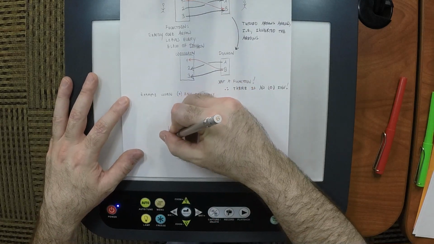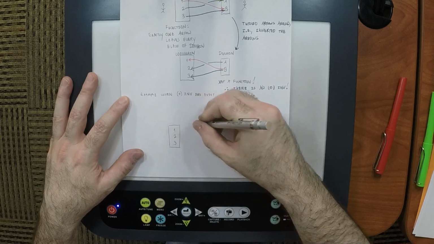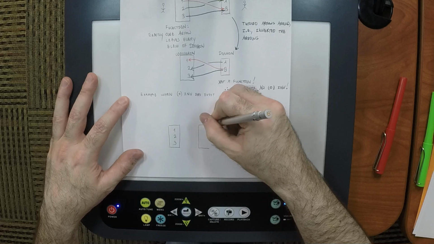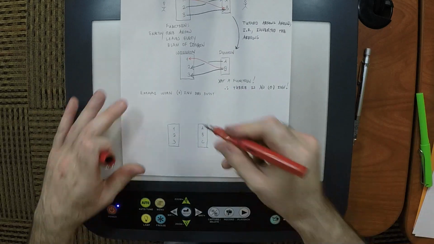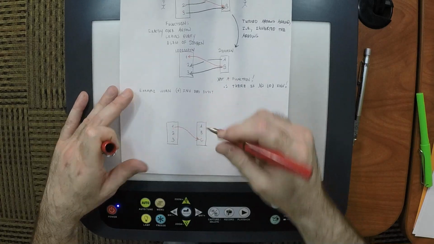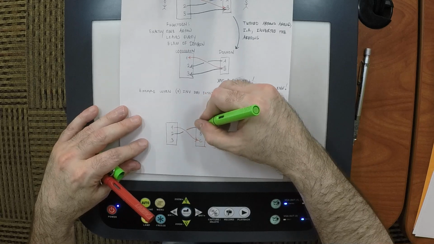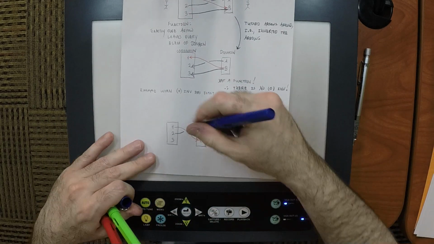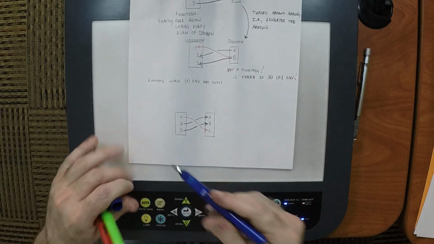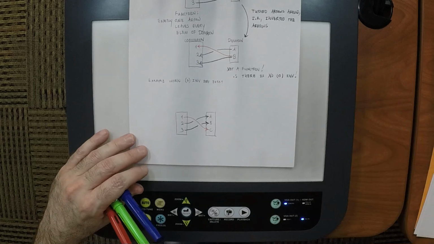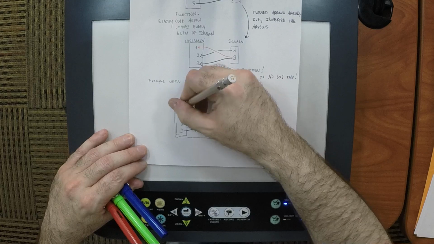So if it looks like this, say 1, 2, 3, A, B, C, 1 to C, 2 to A, 3 to B, and suppose that I name this thing F, just to give it a name.